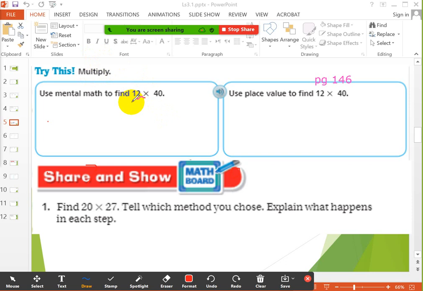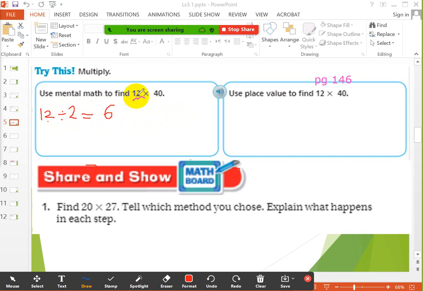What is the half of 12? Half of 12, I have to divide this number by 2, I'm sorry. 12 divided by 2 equals what? 12 divided by 2 equals 6.